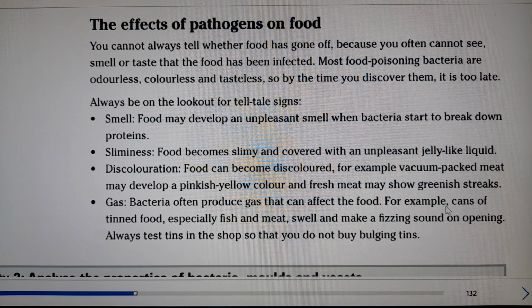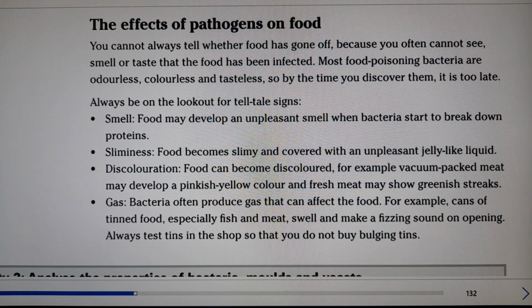For example, cans of tinned food, especially fish and meat, swell and make a fizzing sound on opening. So you must know that it is affected by bacteria. If the tinned fish swells and makes a sound when you open it, it is affected. Always test the tins in the shop so that you do not buy bulging tins.